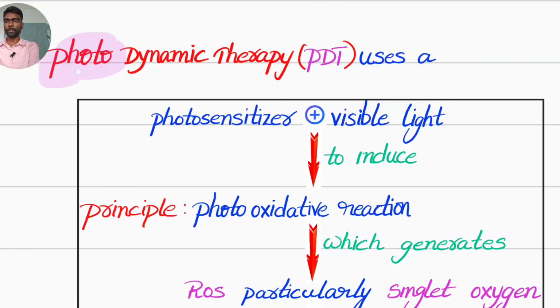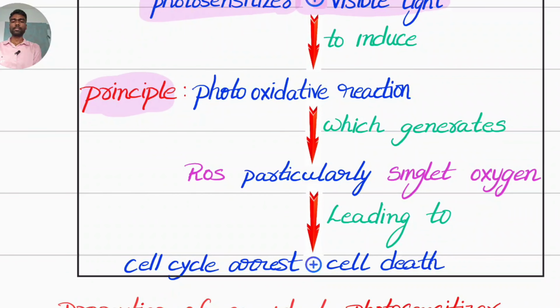Photodynamic therapy is a type of phototherapy which utilizes a photosensitizer plus visible light to induce a photooxidative reaction, which is the main principle behind this therapy, generating reactive oxygen species.